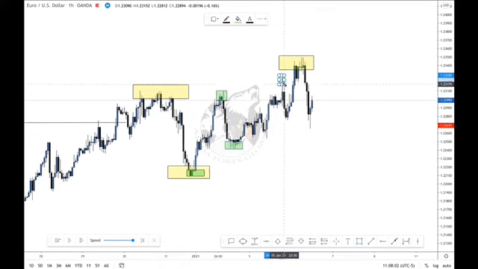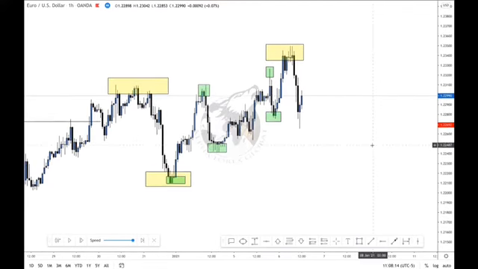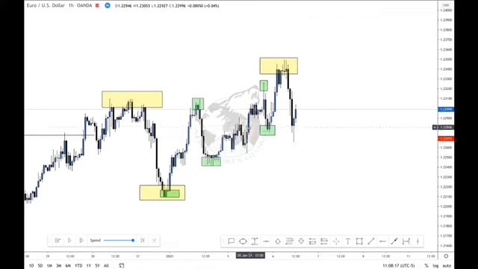So this right here would be our new high. And then this would be our new higher low, right? Now the market literally broke this higher low, which means that the market is now transitioning into a downtrend, right?